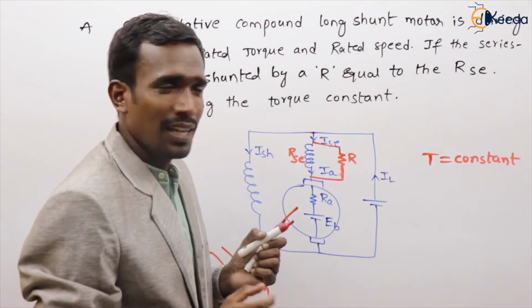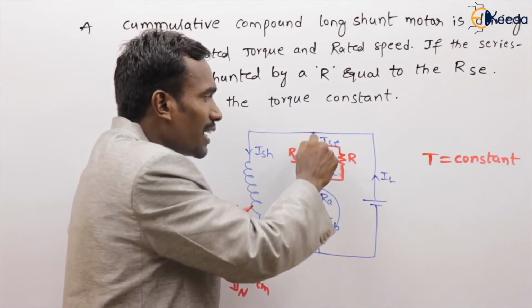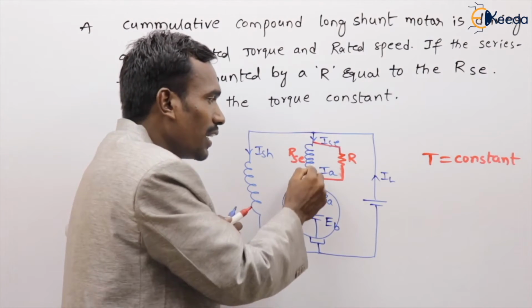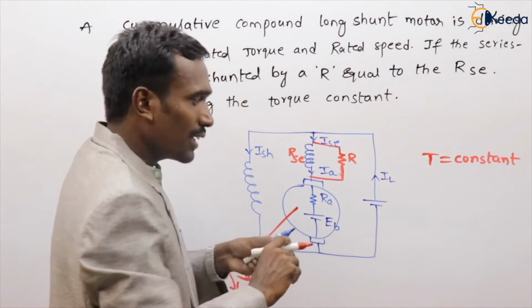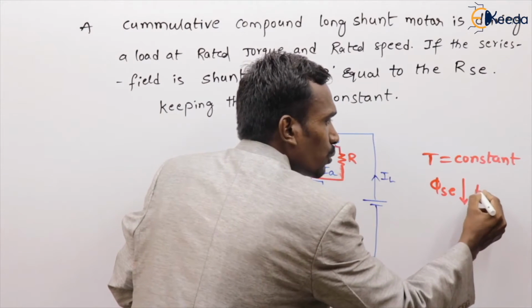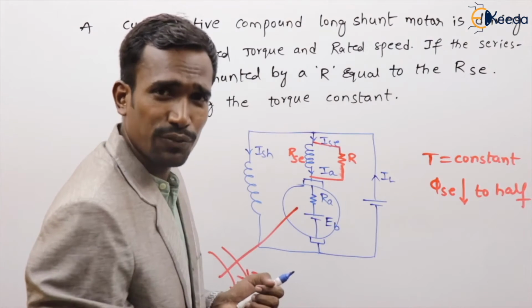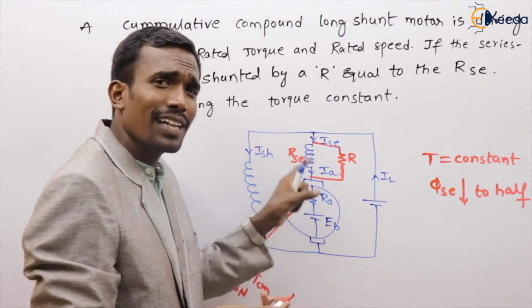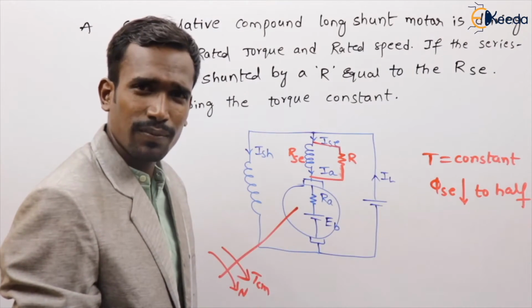Half of the series field current flows here and half here. So the series field flux is reduced to half, because the current flowing through this winding is half.